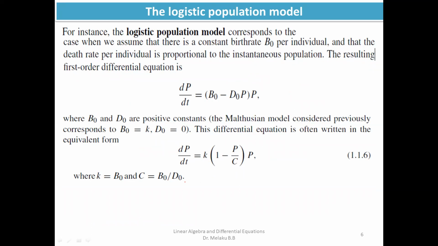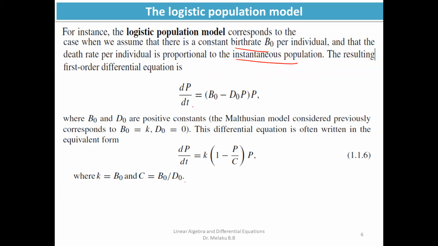Here we have another model, the logistic population model, which is more general. It corresponds to the case when we assume that there is a constant birth rate, B naught, the birth rate constant per individual, and that the death rate per individual is proportional to the instantaneous population.